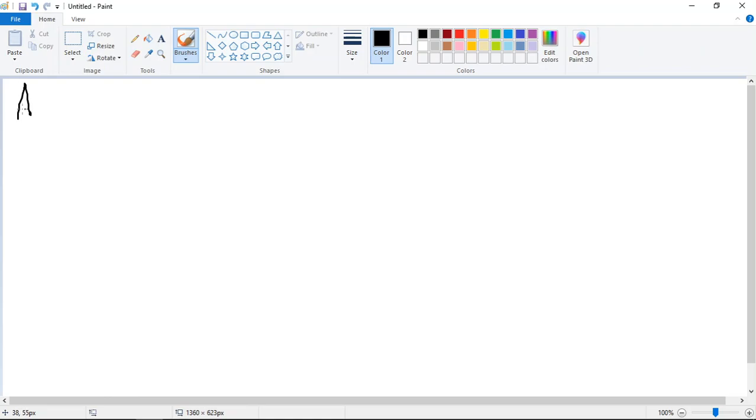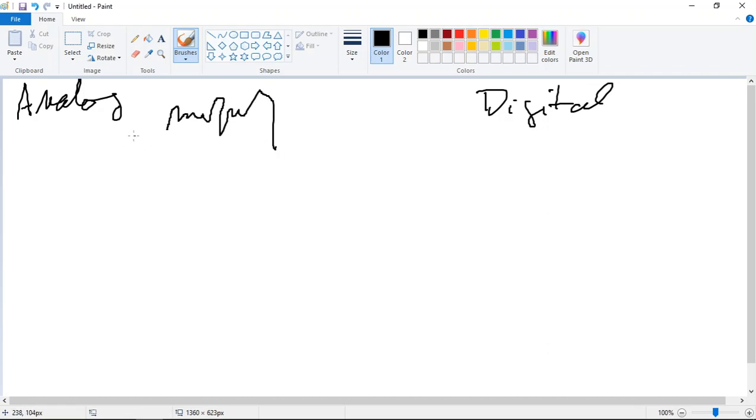Okay, so we'll have analog on this side and digital on this side. Analog, essentially, is a wave. And digital is just a bunch of pulses on a single wire. Now, the spacing can change and so on.